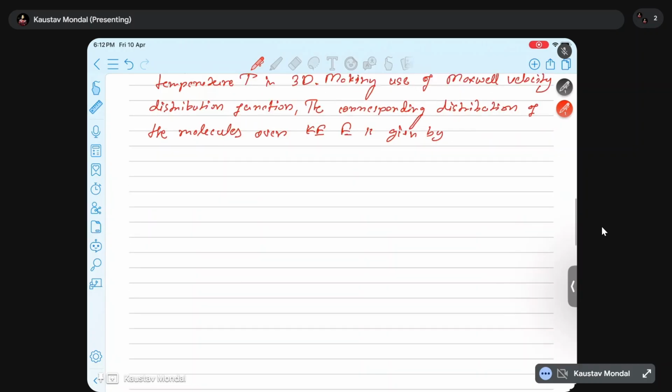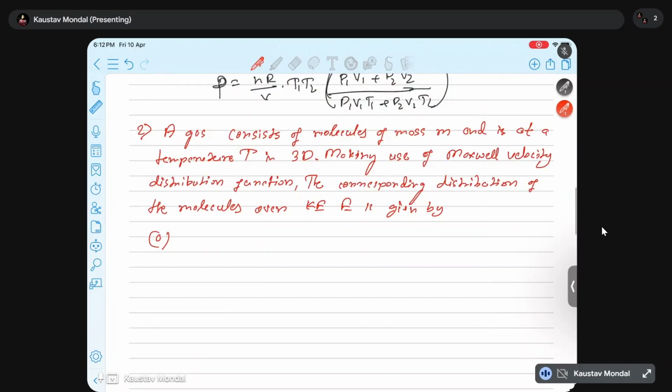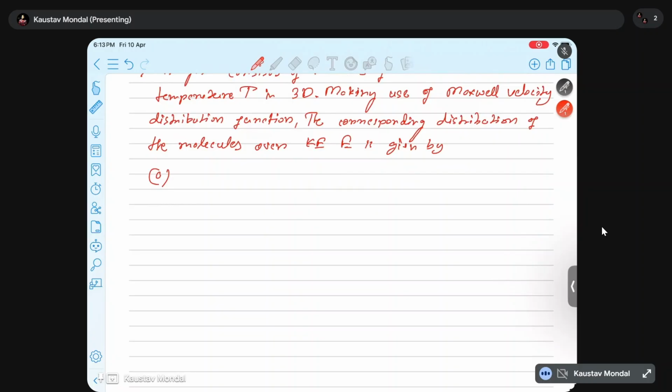the options. So basically you have to convert the Maxwell velocity distribution in terms of the Maxwell energy distribution. Okay. So there are four options given. Option A is pi into 1 by pi kBT to the power 3 by 2, e to the power minus E by kBT, dE.